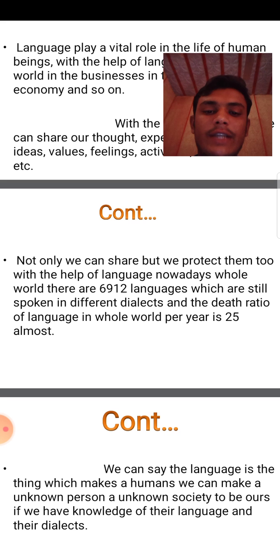Continuing with the number 3 slide, let's have a look. Not only can we share, but we protect them too with the help of language.